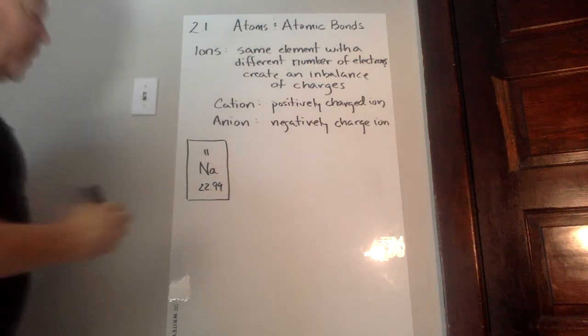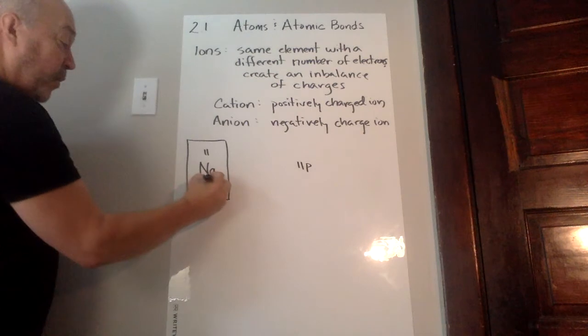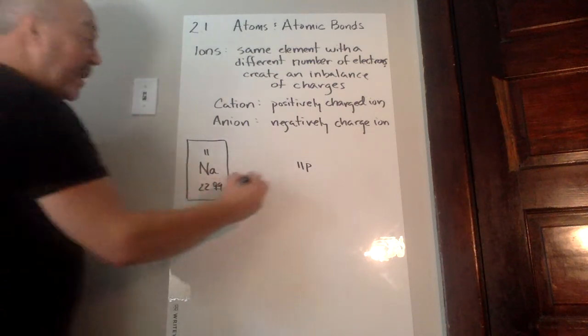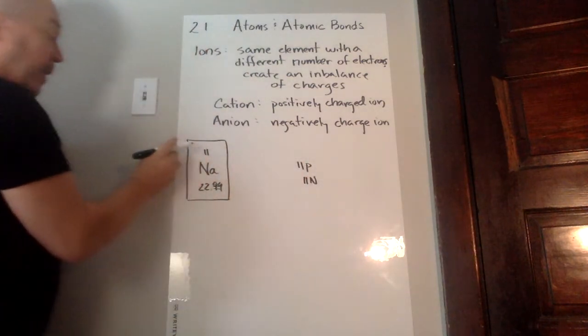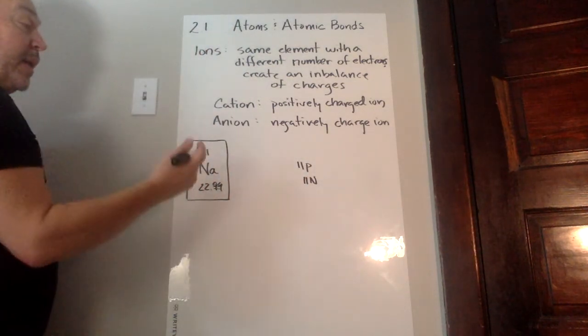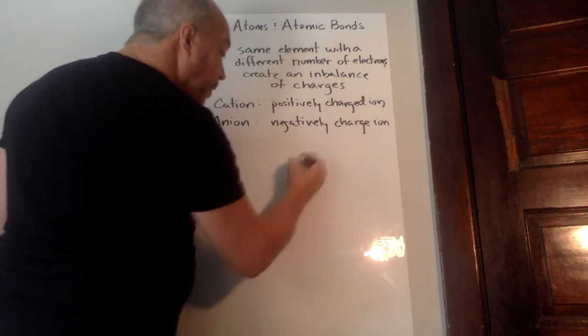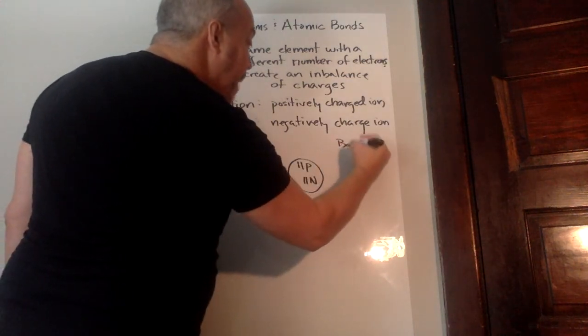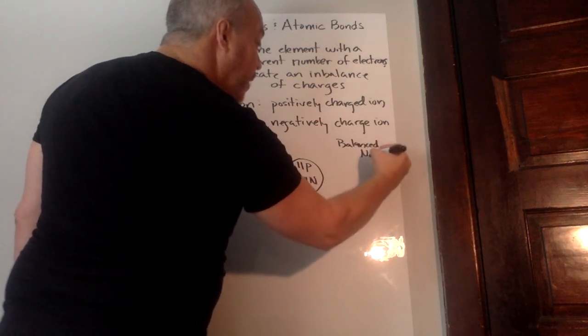So if we were to draw this, we would have 11 protons. If we ignore the .99, 22 minus 11 would also give us 11 neutrons. Because we have 11 positive charges, we need 11 negative charges. So this would be a balanced sodium.